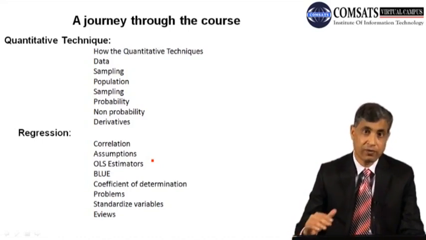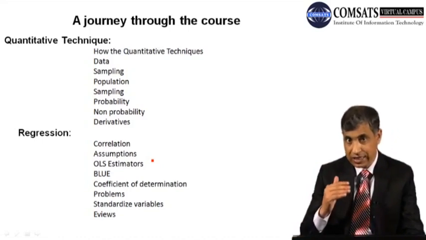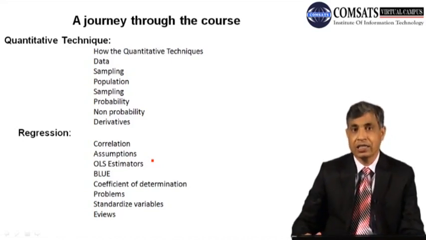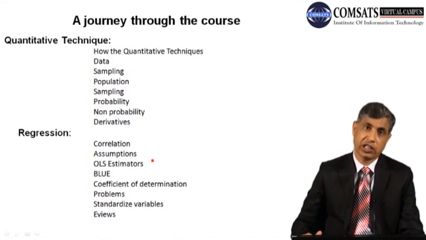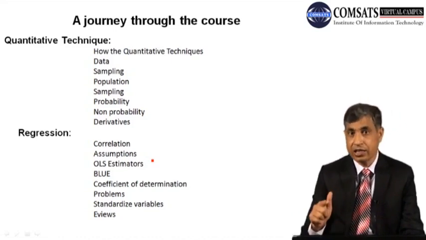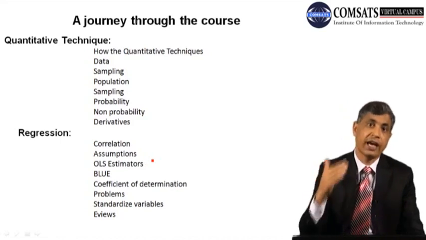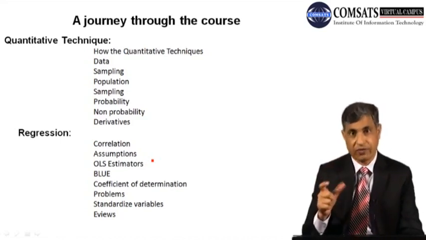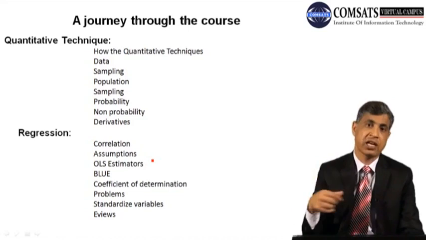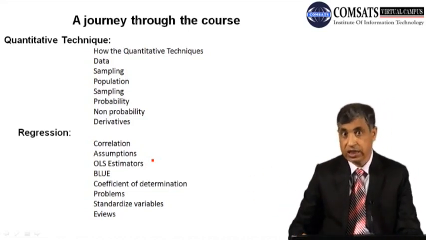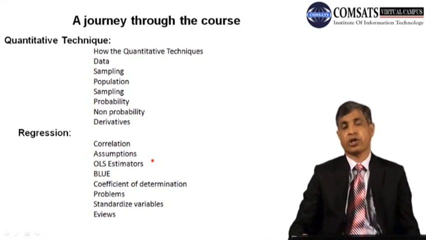So we have to introduce some probability into the model. The third step in how the quantitative techniques work is that in this way we introduce the error term. You know what the error term is. It captures many of the effects of outside forces that are not in our control.